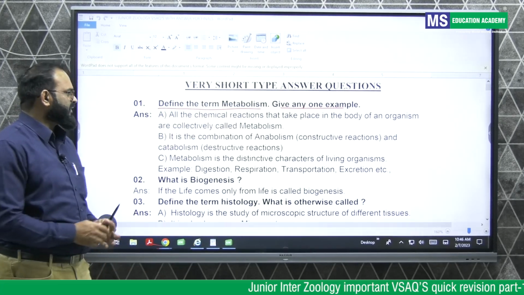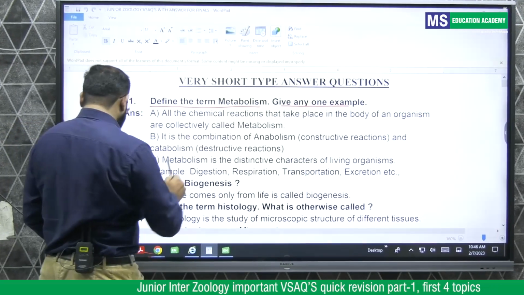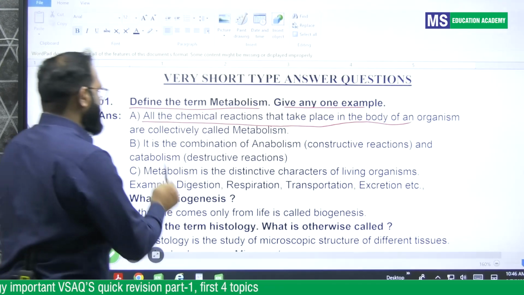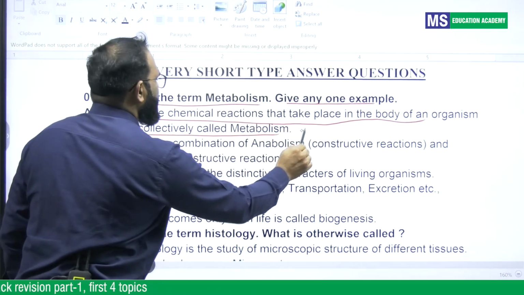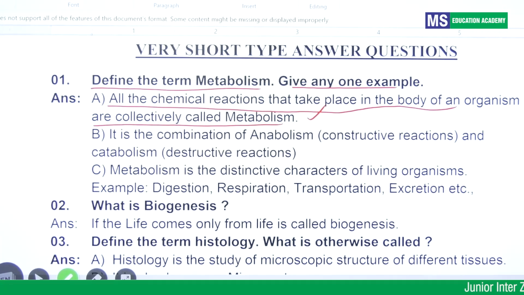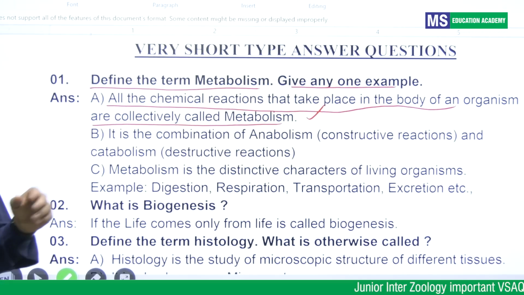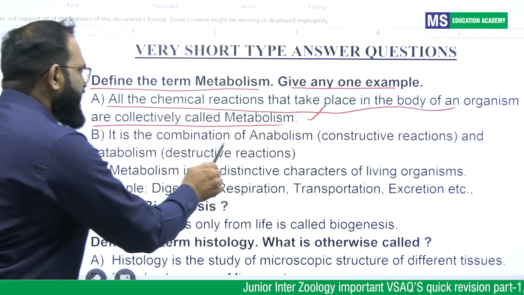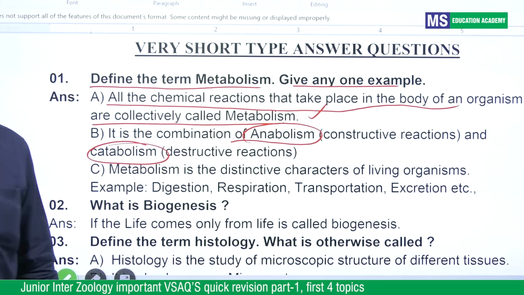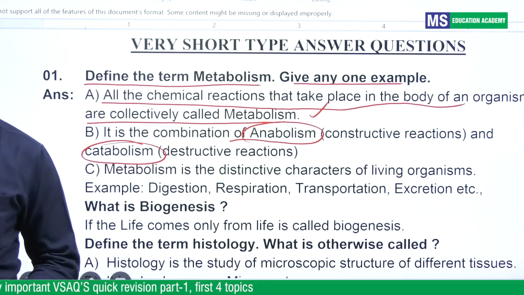So first question, define the term metabolism. Give any one example. All the chemical reactions that take place in the body of an organism are collectively called metabolism. When you write this, compulsorily write 2 terms. Metabolism is the combination of anabolism and catabolism. Most of your answer is done.